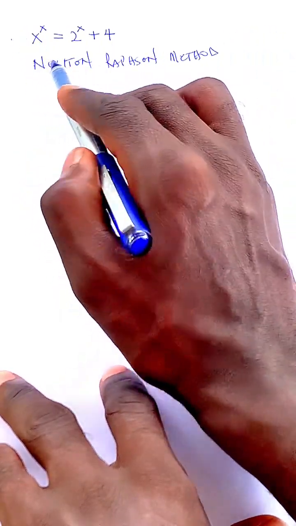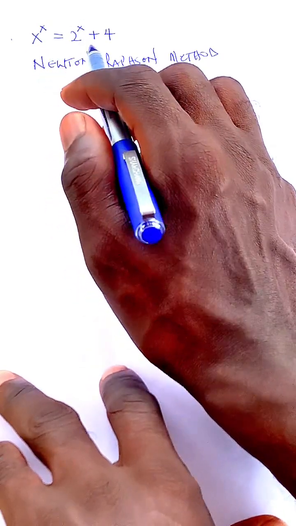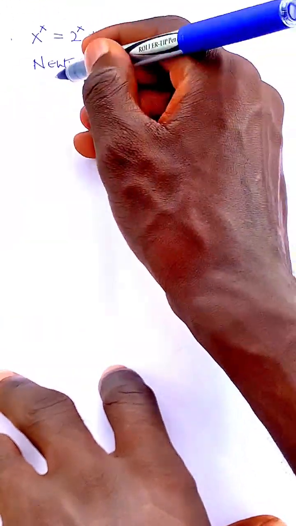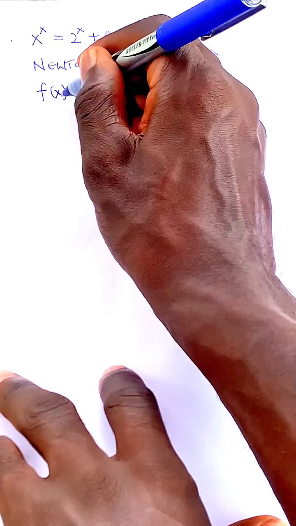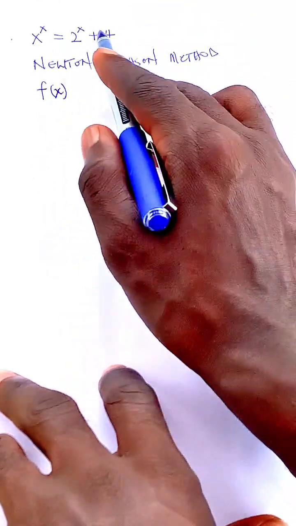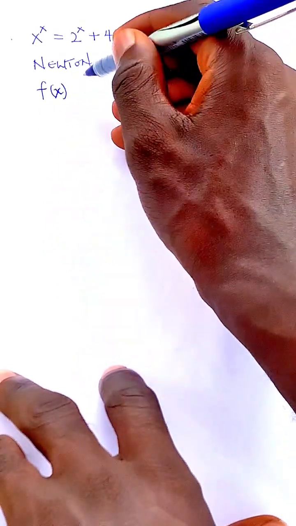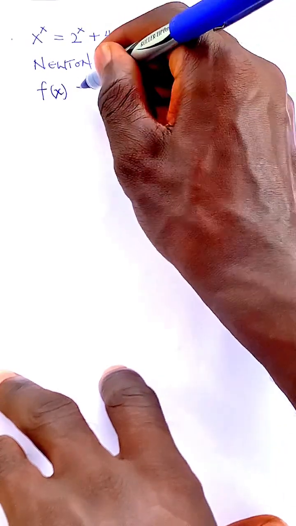First step, you need to see the equation and rearrange the equation to suit an equation of root, to suit a function. Let's call it function of x, because you have x as the variable. There's nothing to fear here. Then this one is just to collect like terms.